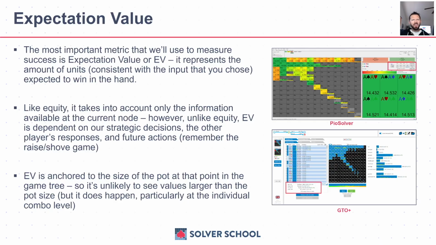So it's unlikely that we actually see values larger than the pot size, which would mean that one player has a massively positive expectation value and the other player actually has a negative expectation value. It doesn't happen often, but it does happen sometimes, particularly at the individual combo level, or as we get down closer to the river where equities run further apart, and some players may have close to or even 100% equity.